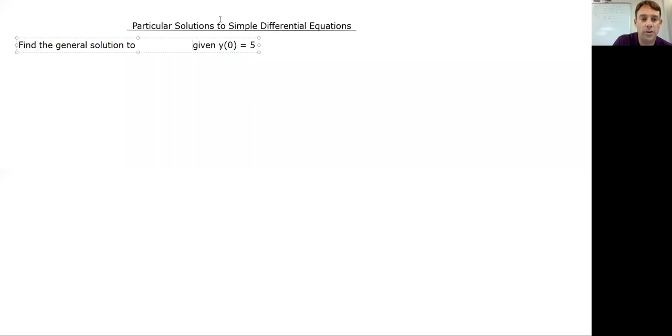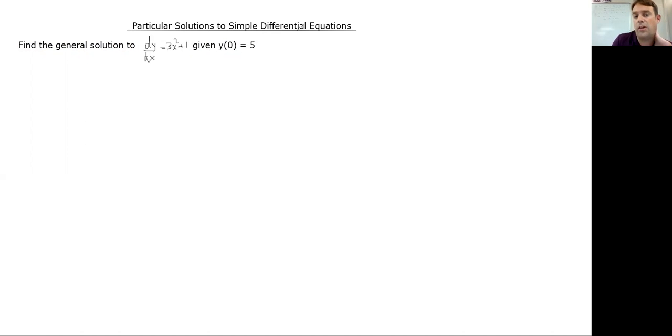So in other words, you're going to be given a differential equation to solve. But I'm going to have to give you a value so we can actually figure out what that c value is in our equation.